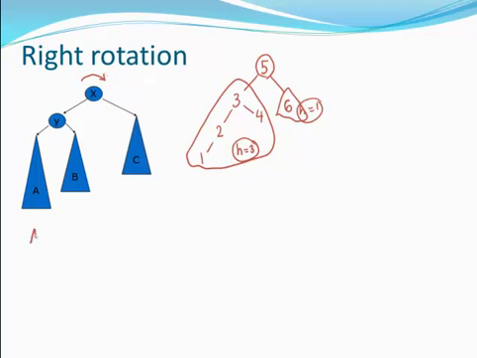That means this tree has the order property: A less than Y, less than B, less than X, and less than C. That's the order it needs to satisfy. All the elements of subtree A are less than Y. So after you rotate, you must have a tree which has better height information, but also satisfies the order invariant.